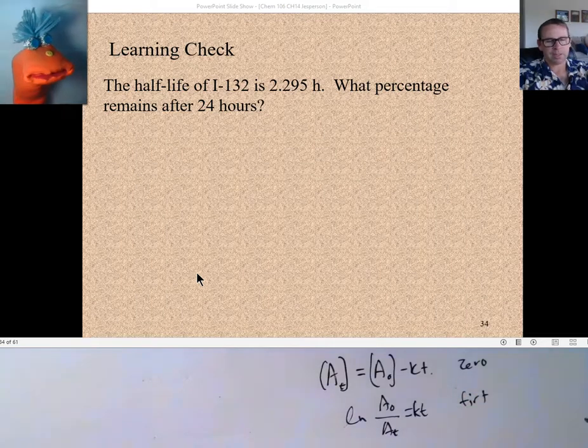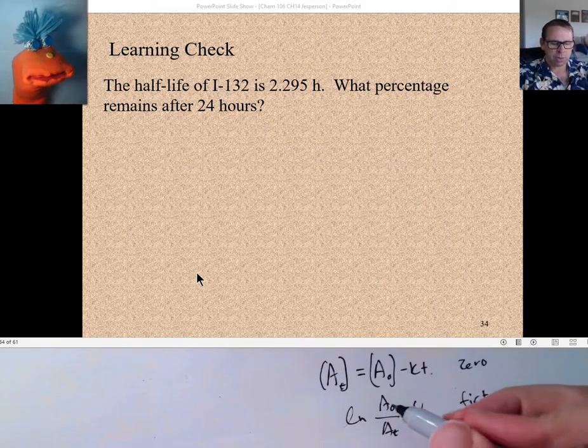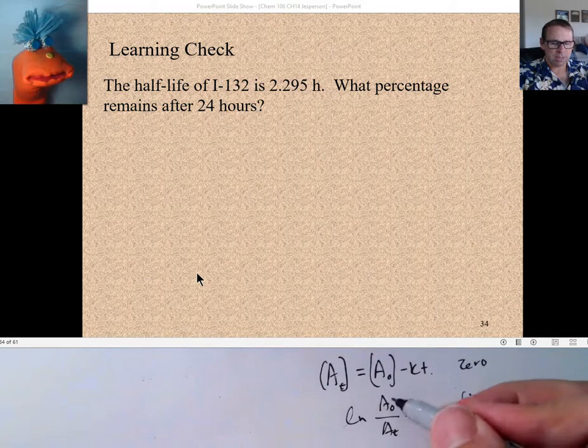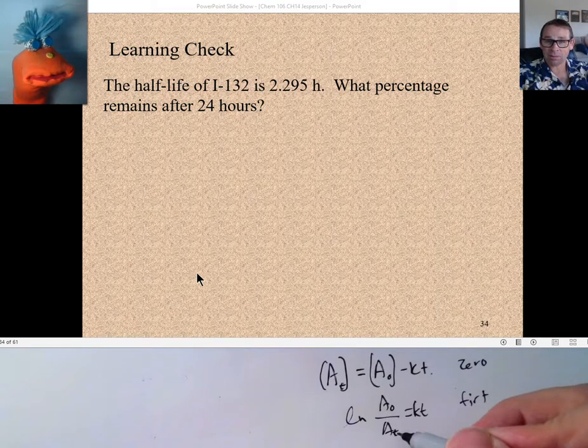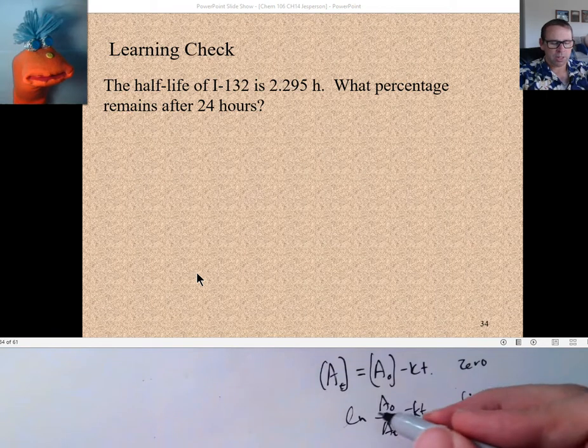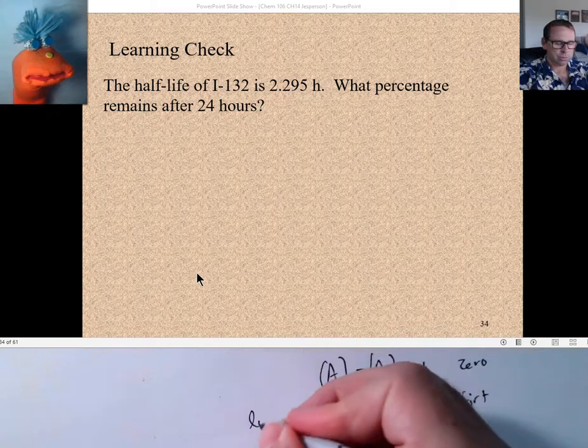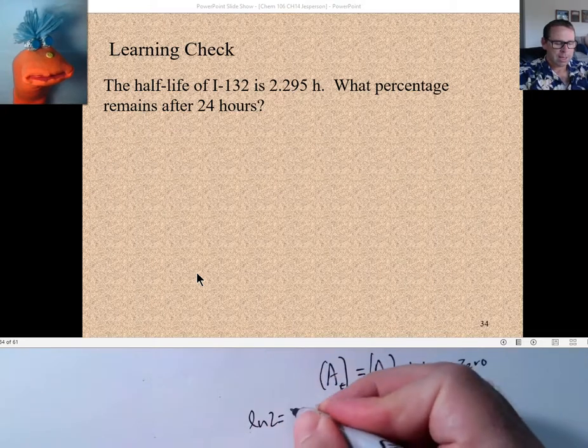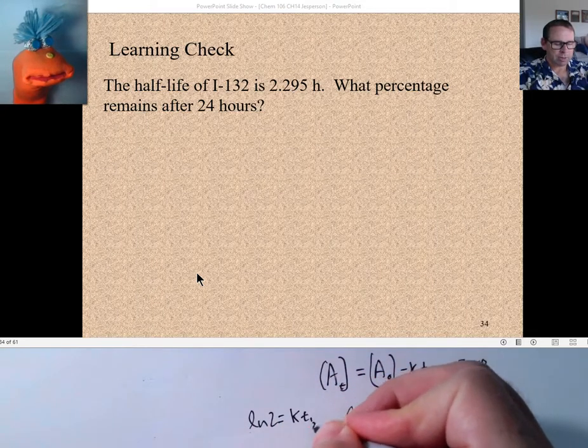Very good. Excellent. And we also had this special relationship where the concentration initial over the concentration at time t, where t is your half-life, would always equal natural log of 2. And therefore, the natural log of 2 is equal to k times the half-life.